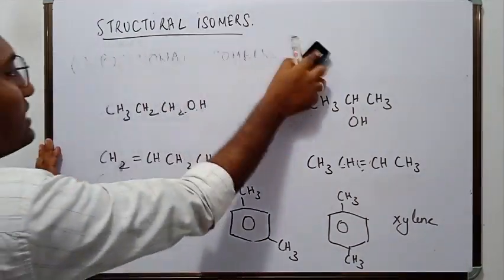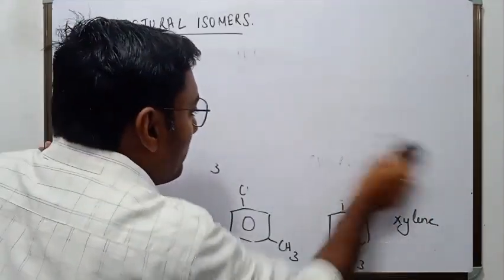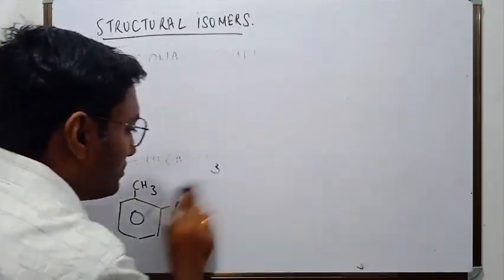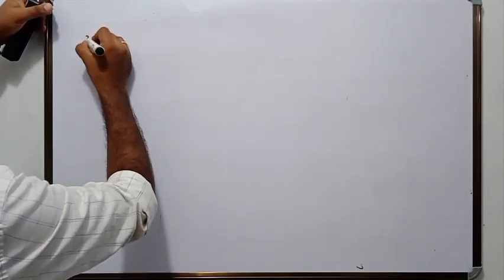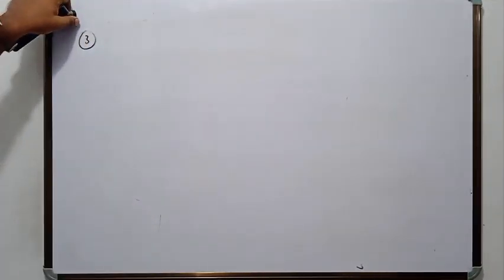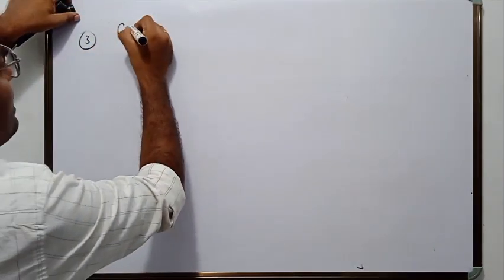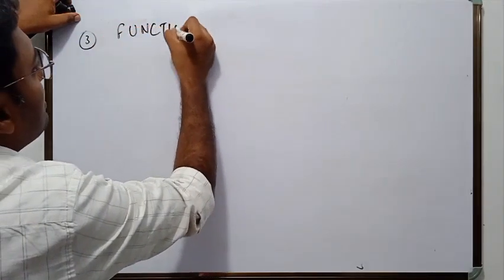Now let us go to the third subtype of structural isomer, which is also structural isomer, functional isomer. Functional isomers.